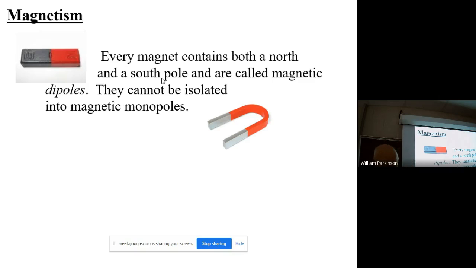The difference here with magnets is that you cannot separate a north from a south. Everything that is magnetic contains both a north and a south. And since it has these two, it must simultaneously have these two poles. We call it a dipole.